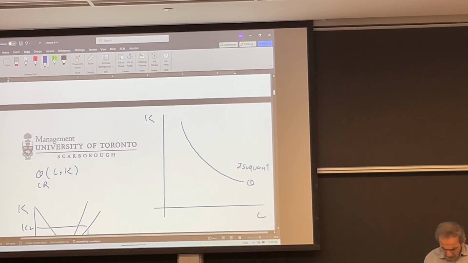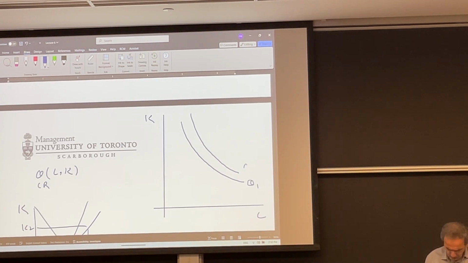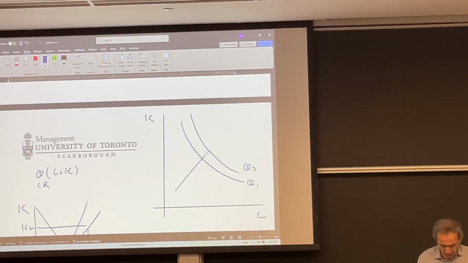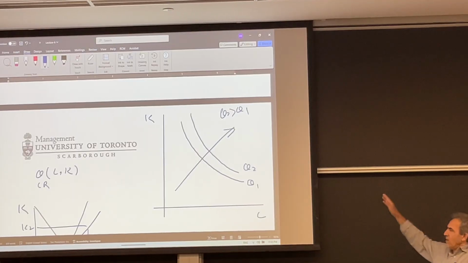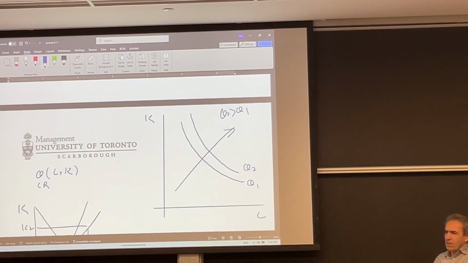And more output should be moving you to the right isoquant. This is 1, this is 2. If you move to the right on the isomap, you should get higher Q. Why? If you move to the right, you get more output. What condition is violated otherwise?